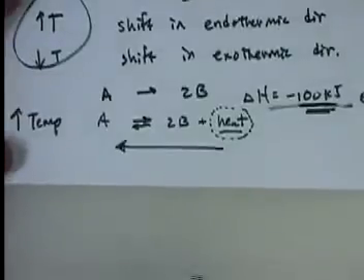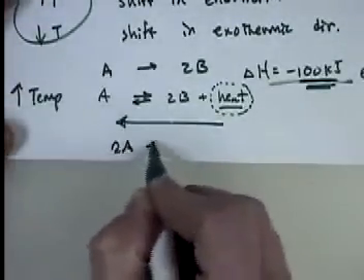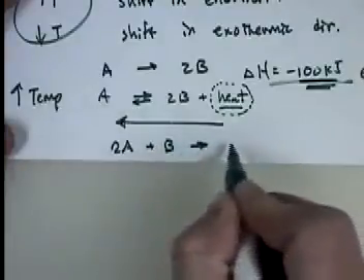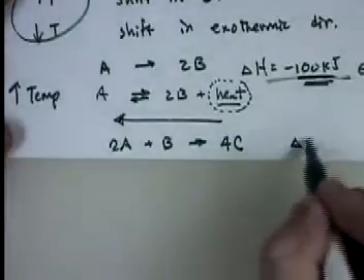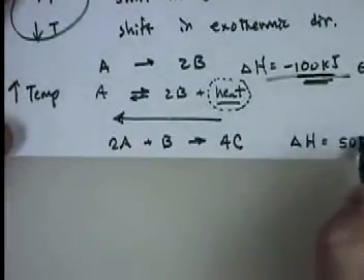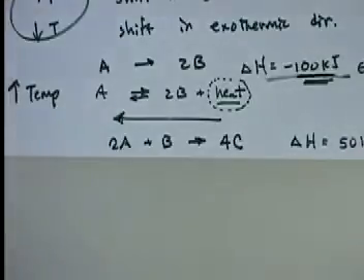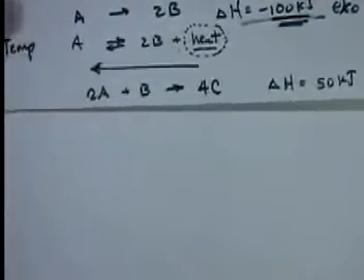Let's take a look at a second example. Let's just say, for instance, that we've got 2A plus B goes to 4C. And let's say that the delta H for this reaction is equal to 50 kilojoules. Notice it's an endothermic reaction in this case because delta H is positive.